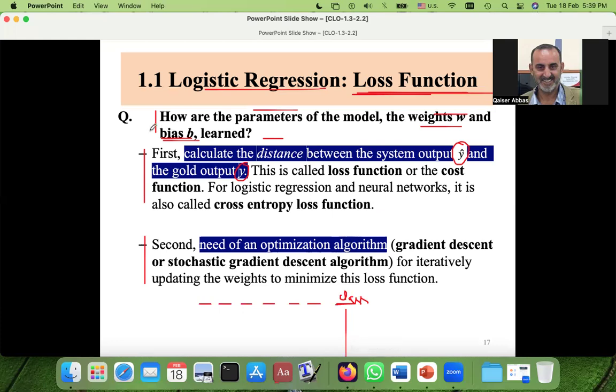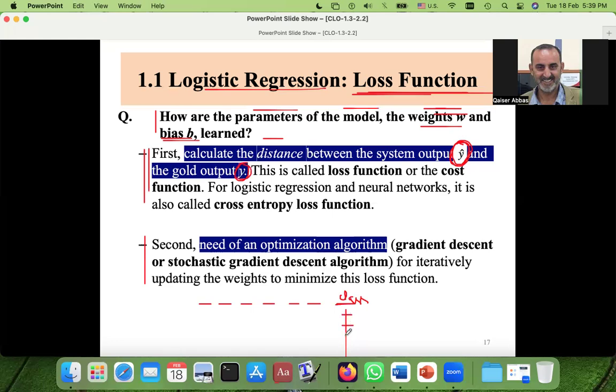Now, if our model wants to learn the weights, you have to take care of 2 points. The first thing is you have to calculate the difference between the output of your model, this y cap, which means the class predicted by your model, and this y, which means the class available in the data set.